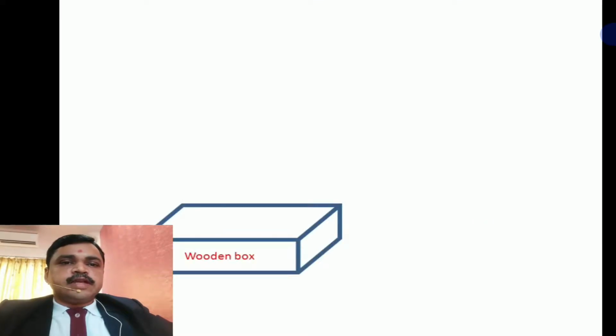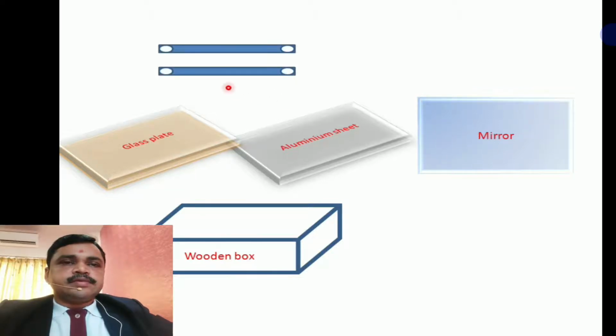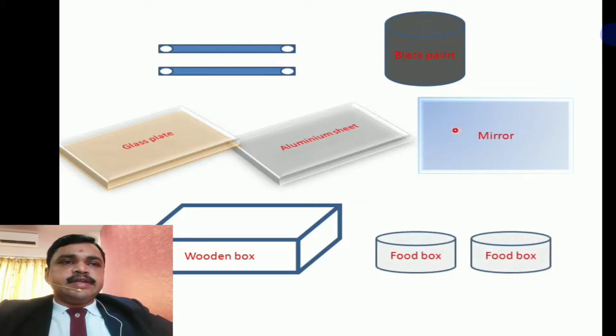Construction of solar cooker. Parts of solar cooker: wooden box, glass plate, aluminium sheet, mirror, reflecting mirror, slides for moving of lid, plaque containers, food box.